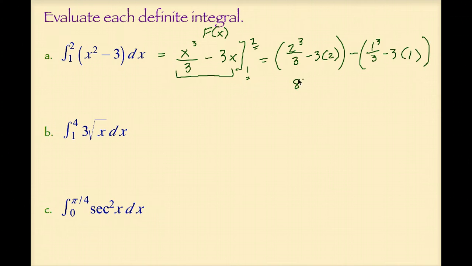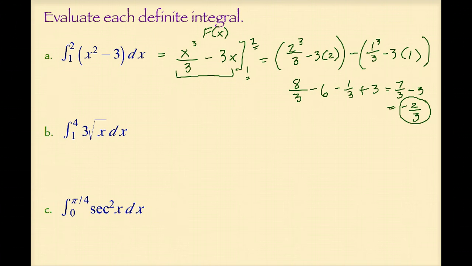This will be 8/3 minus 6, and then minus 1/3 plus 3. Well, 8/3 minus 1/3 is 7/3, and negative 6 plus 3 is negative 3. If I change this to 9 over 3, this becomes negative 2/3. And that's the value of your definite integral.